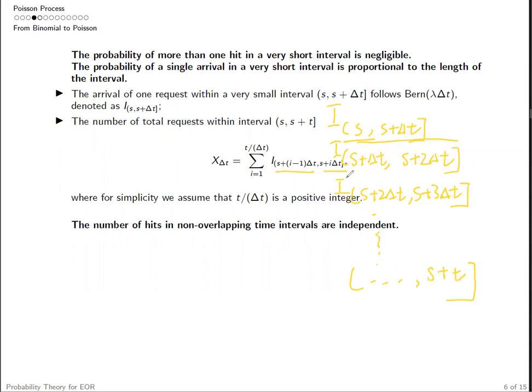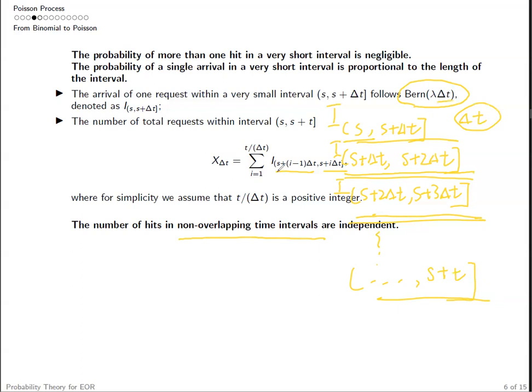Look at those intervals. Each of these intervals indeed is of length delta t. So each of these indicators follows the Bernoulli distribution of lambda times the length of the interval, delta t. They have identical distribution. At the same time, those intervals are non-overlapping, so they are independent.